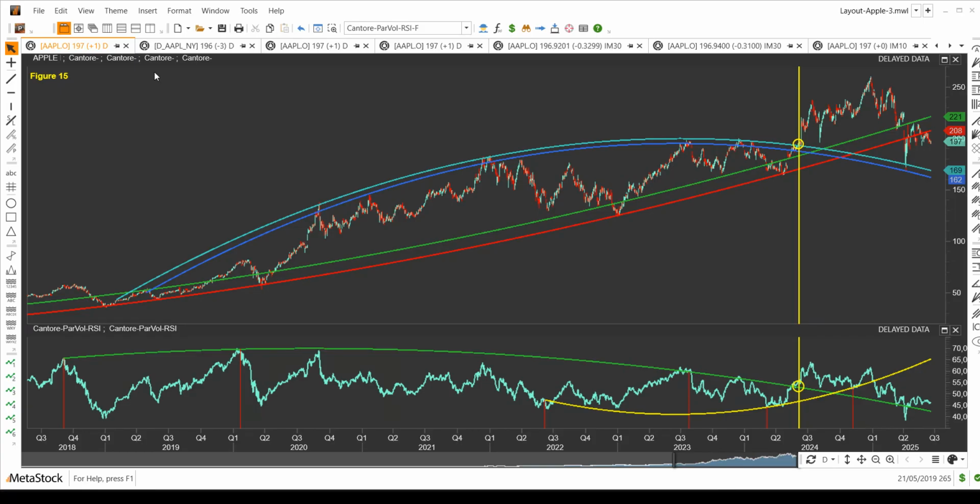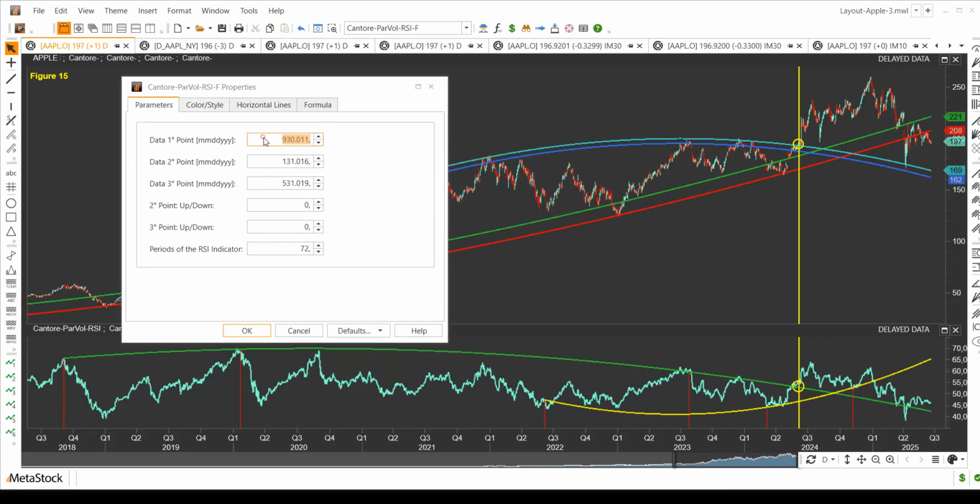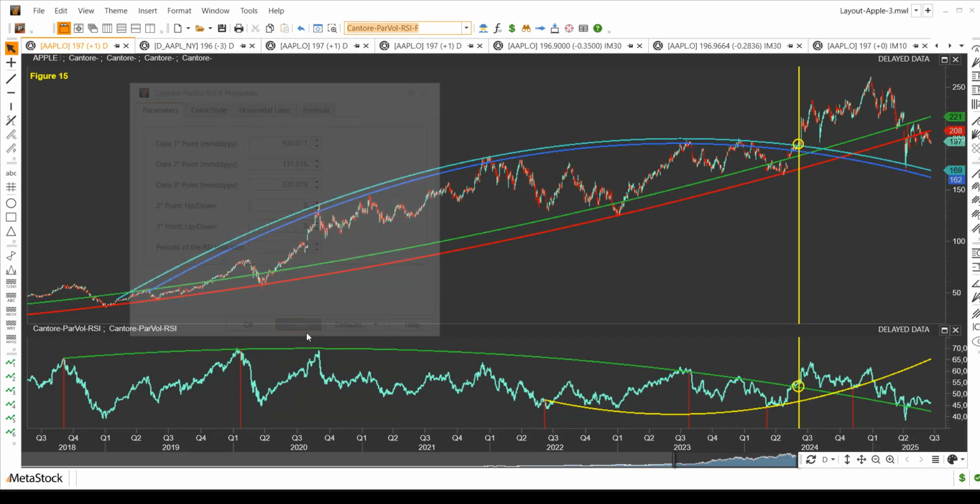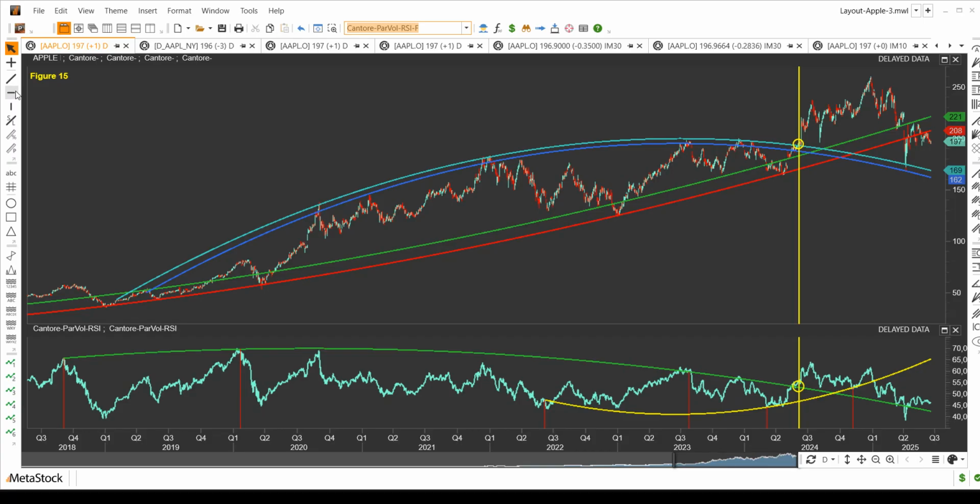The first 3 windows are reserved for the assignment of the dates of the 3 points of tangency of the parabolic involute being traced on the graph of the RSI indicator. The next 2 are reserved for possible slight upward or downward shifts of the second and third points, and finally the last window shows the frequency of the RSI indicator, which by default is equal to 72 periods, whether they are months, days, hours, fractions of 10 minutes, etc.